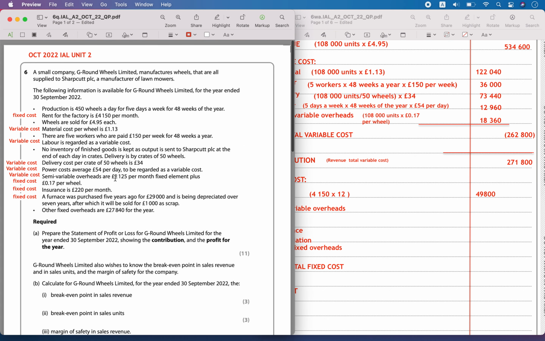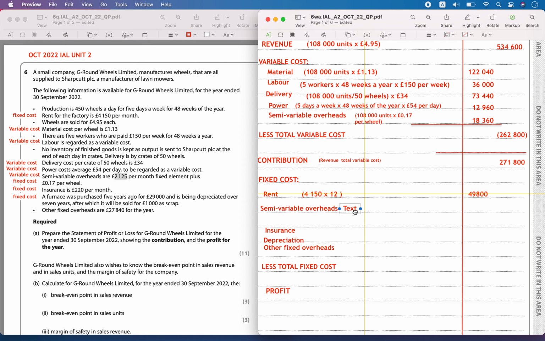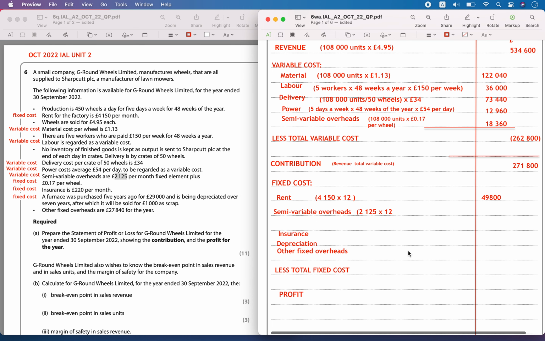Then for the semi-variable overheads, the fixed element is 2125 per month, times the 12, because for the entire year you have to calculate. For some of them it will be per month, for some of them it will be per year, so you have to understand and calculate properly.